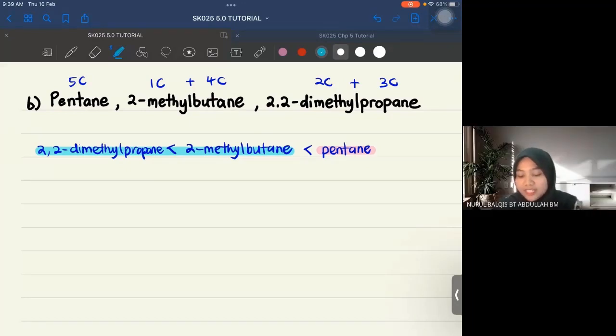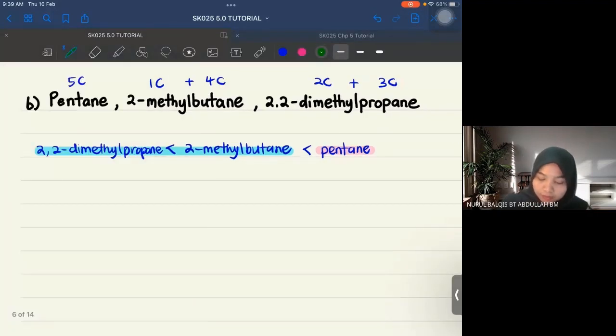Okay, so sekarang ni awak boleh cerita, first cakap pasal pentane, lepas tu cerita pasal yang branching pula. So, kita start dengan apa dulu? Kita nak start dengan pentane kan? Pentane.